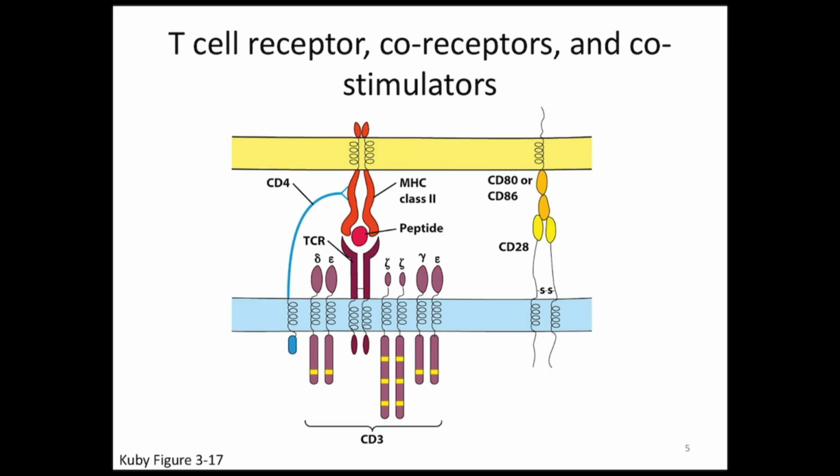All the other proteins I mentioned today are going to be co-receptors, not co-stimulators. The basic idea is that the co-receptor proteins are all helping to transduce the signal from the T cell receptor. They're all contributing to the main T cell receptor signal.